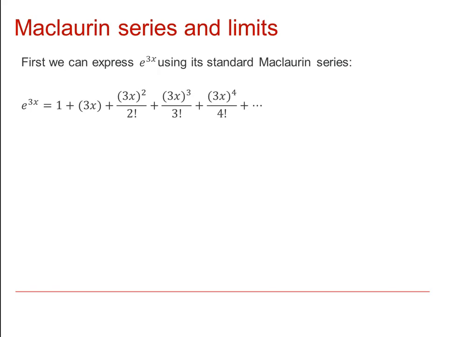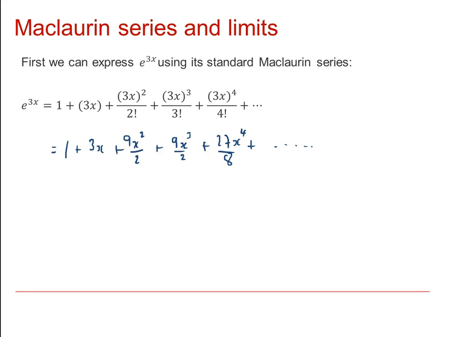So we get this expression, and of course that simplifies to 1 plus 3x plus 9x squared over 2, plus 9x cubed over 2, and 27x to the power 4 over 8, etc. So that continues.